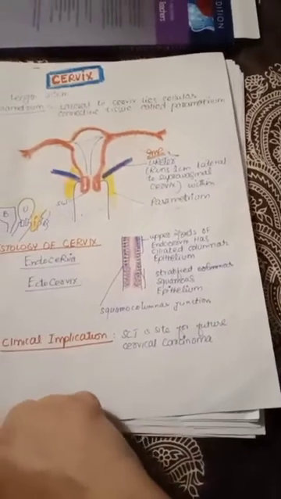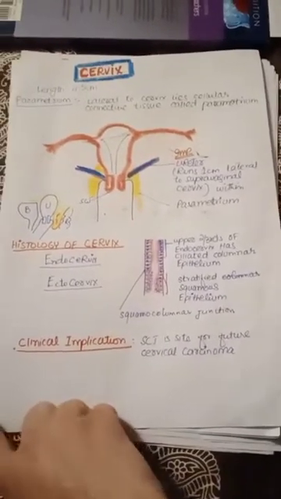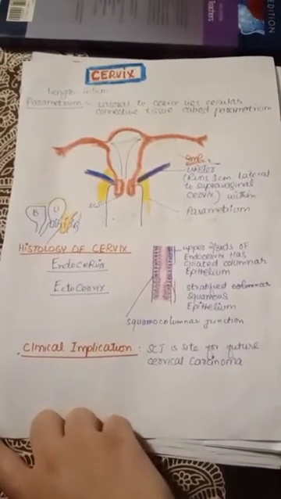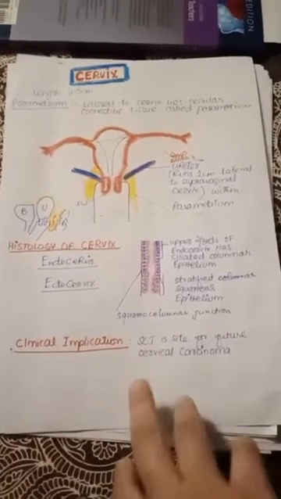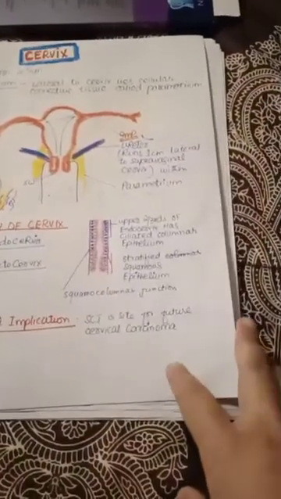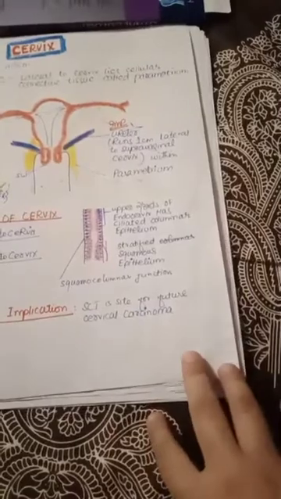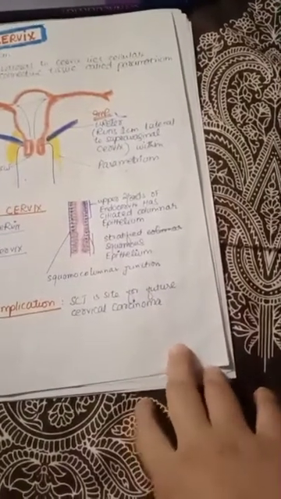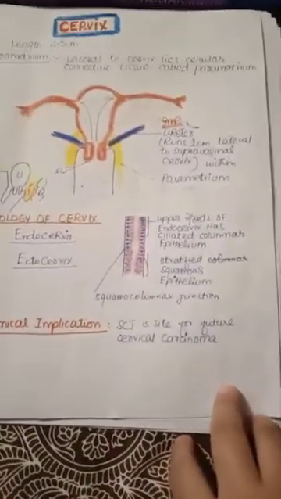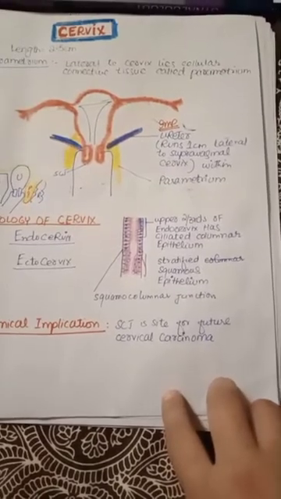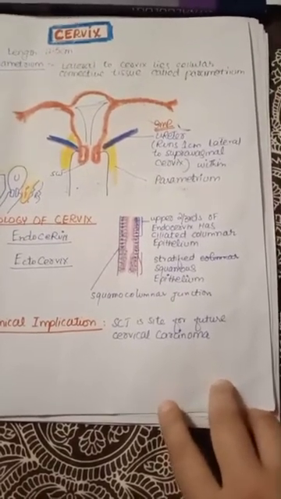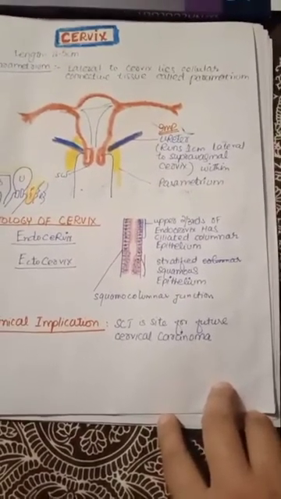Histology, we will discuss the histology of the cervix. It is very important because in CIN and cervical carcinoma there is a change in the cervical histology. So, the endocervix and the ectocervix. The upper two-thirds of the endocervix has a ciliated columnar epithelium.